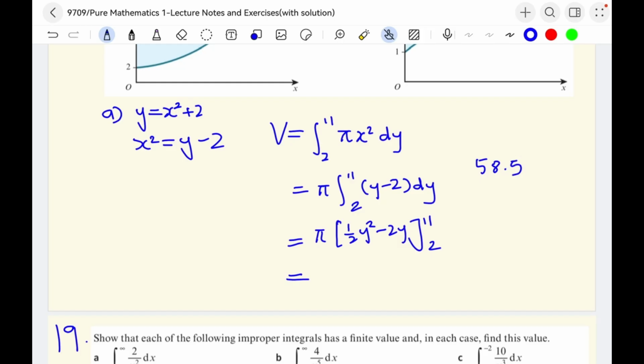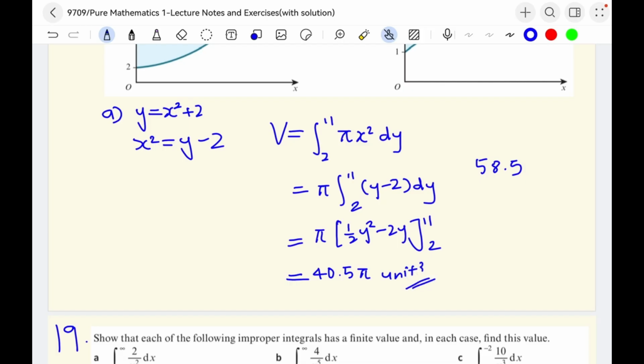The 1/2 y squared minus 2y, with 11 minus 2, minus the value at negative 2, negative 18. The answer goes to 40.5 pi units cubed.